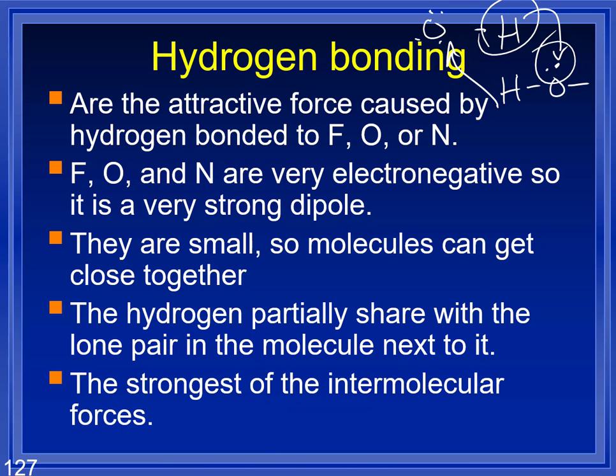This is by far the strongest of the intermolecular forces. But even as the strongest of the intermolecular forces, it's only 5% as strong as a real bond. A real bond is at least 20 times harder to break than an intermolecular force.